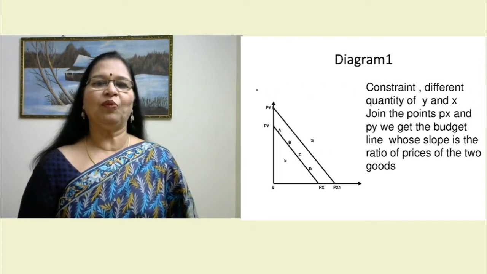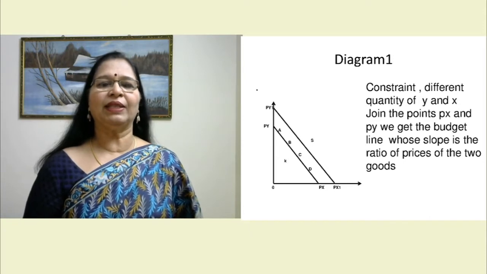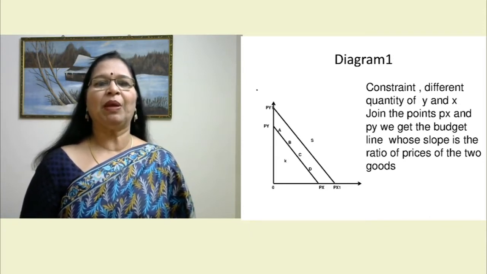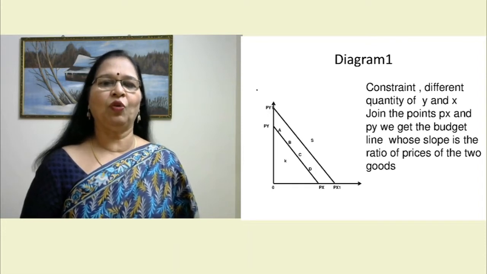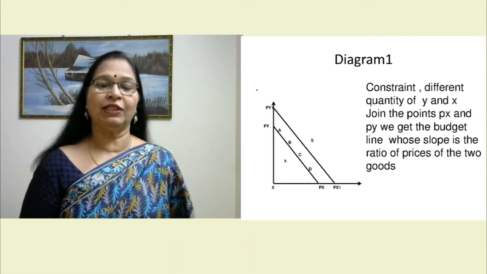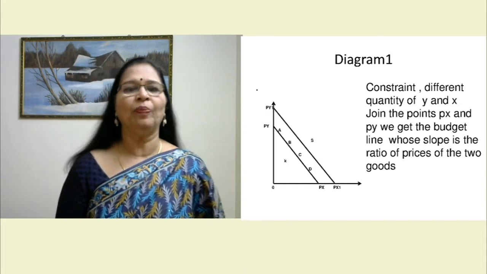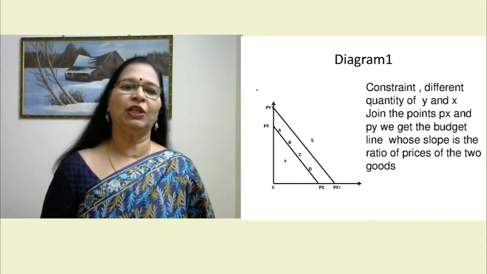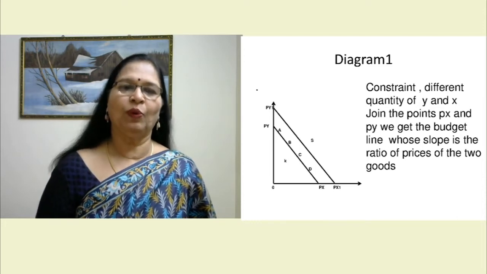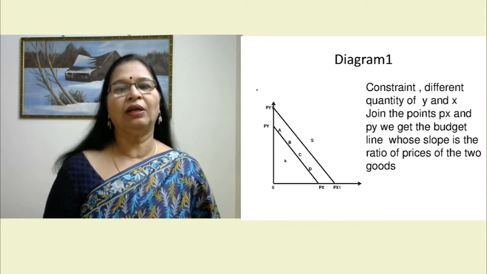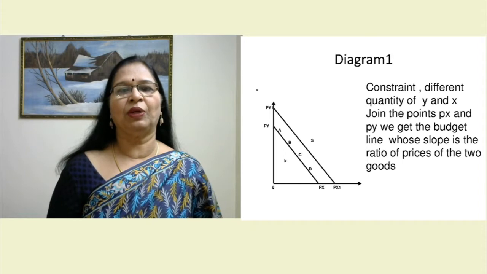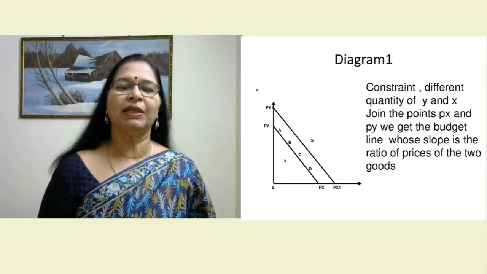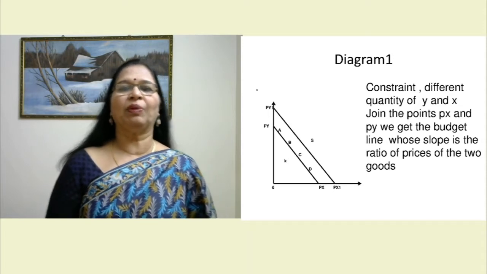In diagram one, you can see two lines there. On the first budget line, we have the maximum number of commodity Y that he can buy if all his income is spent on it, which he cannot do. But nevertheless, just to understand, he can buy OPY units of good Y or OPX units of good X. Now there are points A, B, C, D, E. Those are the different points.